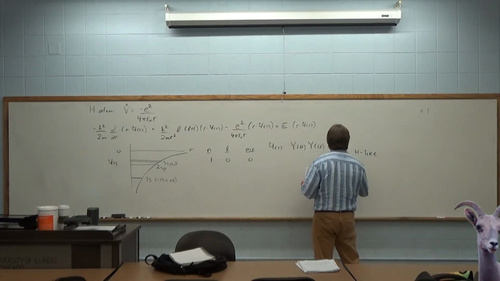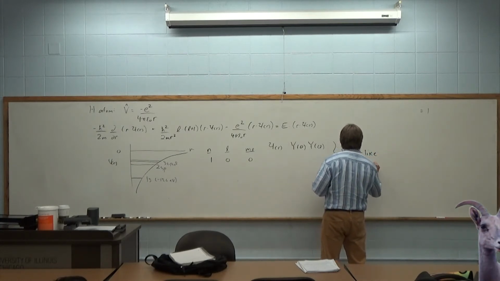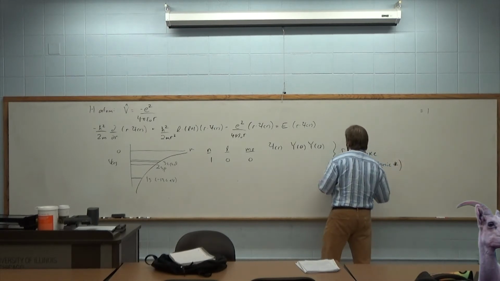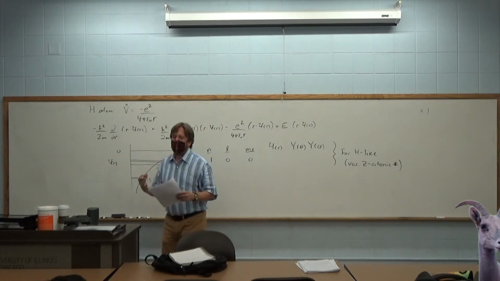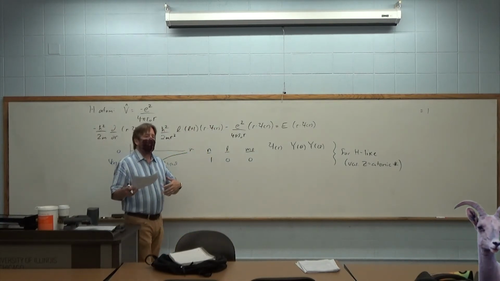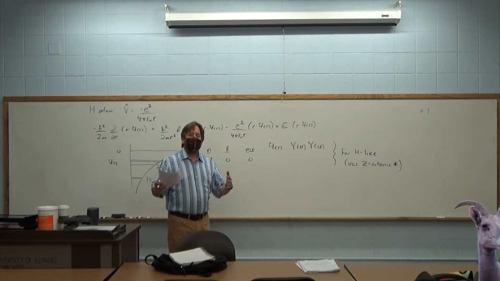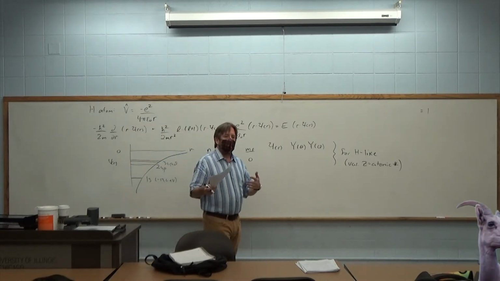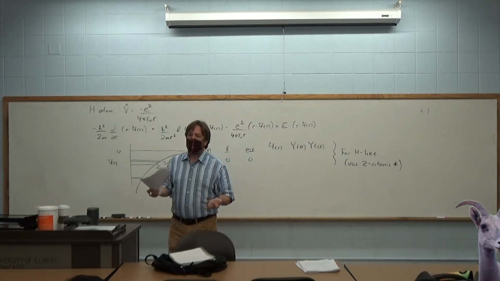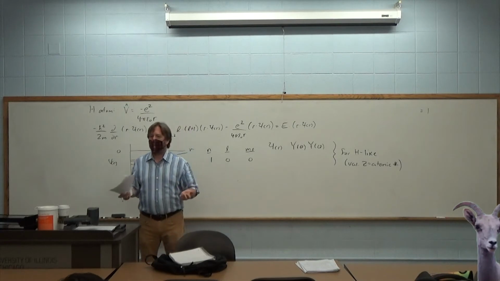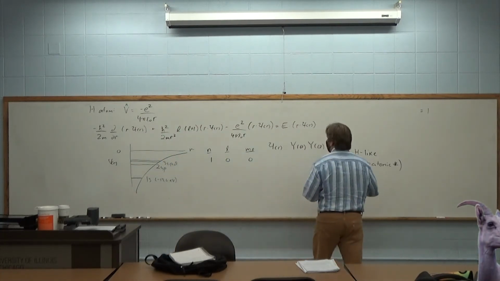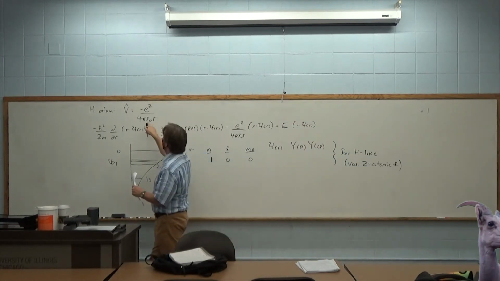This is when you solve the Schrodinger equation for hydrogen-like atoms. That means atoms like hydrogen: helium plus has one electron, lithium 2 plus has one electron. So for one-electron atoms, you just use a different atomic number, and that would go here.